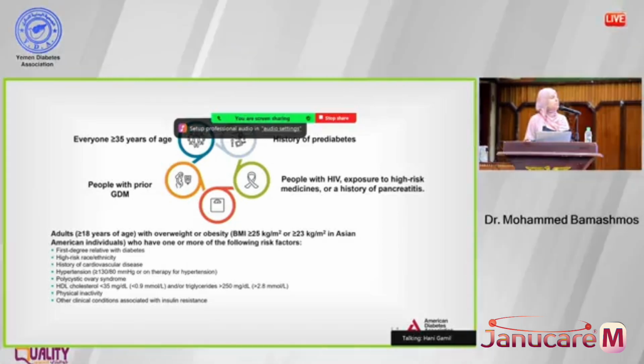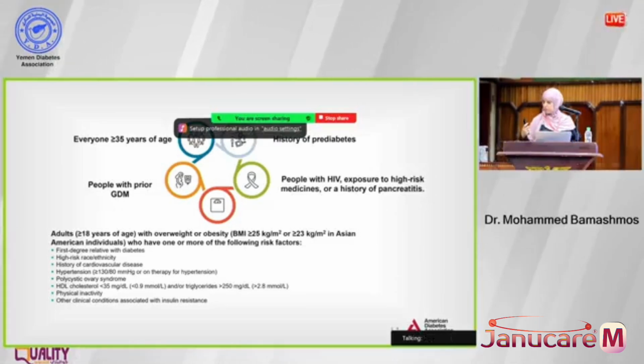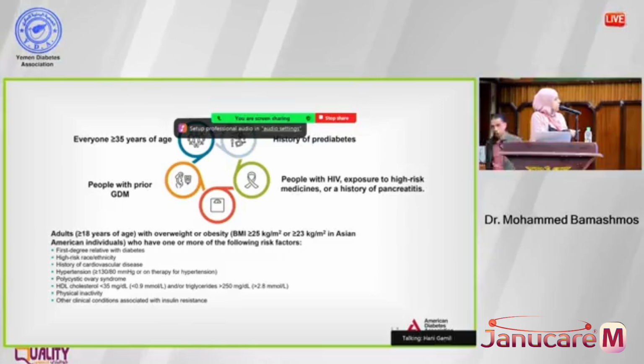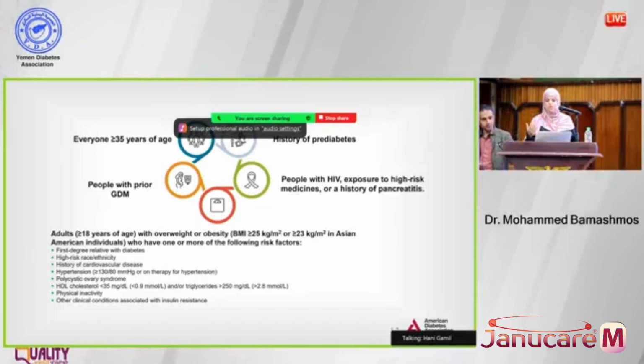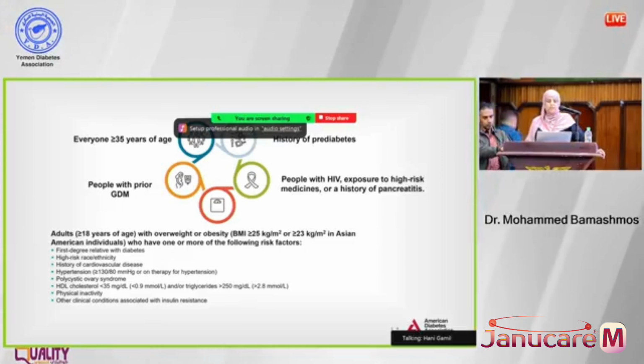Okay, and who else should we screen? Patients with a history of gestational diabetes. Also patients with a history of pre-diabetes. Also patients who have taken high dose of steroids or have a history of pancreatitis or have HIV.